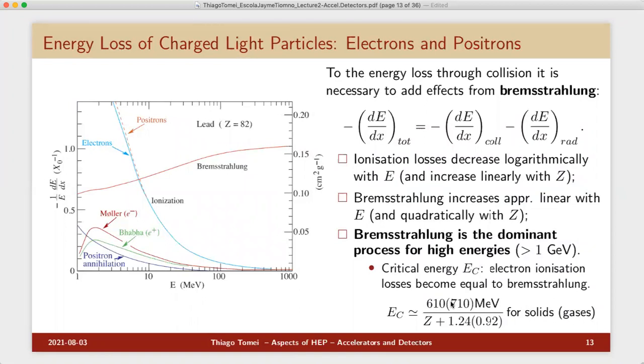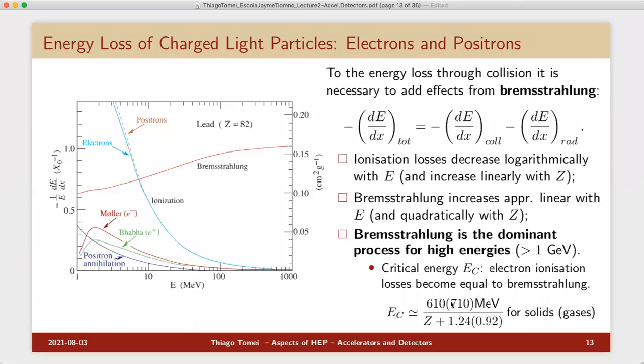But in slide number 13, I'm going to show you the other case, which is the energy loss for charged light particles, which is electrons and positrons. Electrons and positrons reach this radiation regime much earlier.